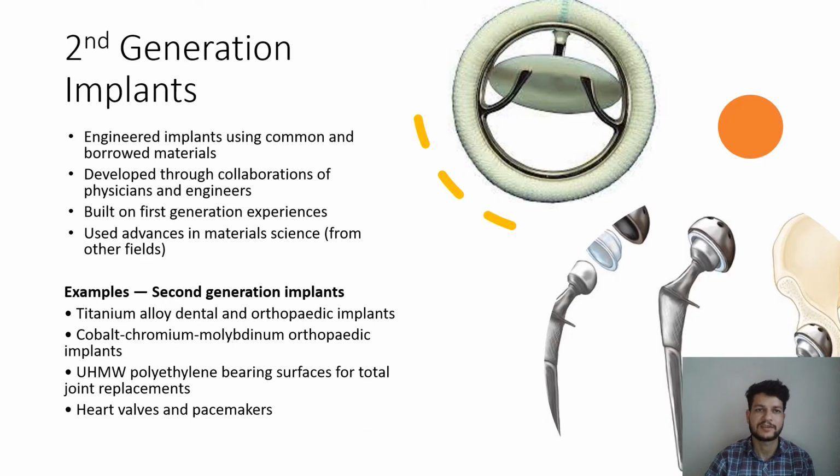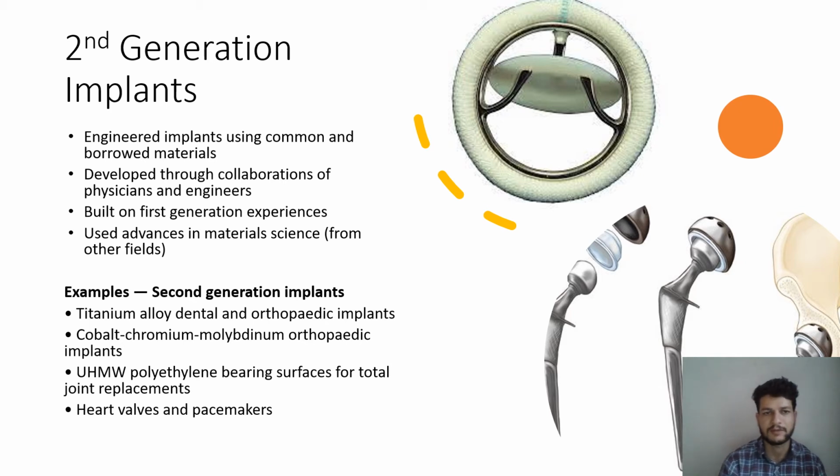Second generation implants are the ones that were discovered after taking the experience from first generation implants, and they were developed through the collaboration of physicians and engineers. The role of engineers was to design and engineer the implant for the proper function.